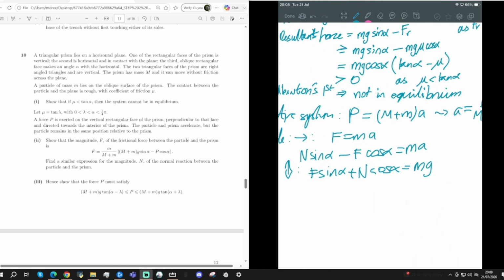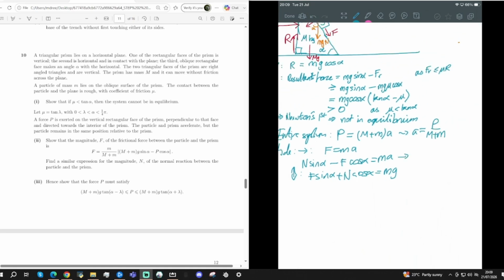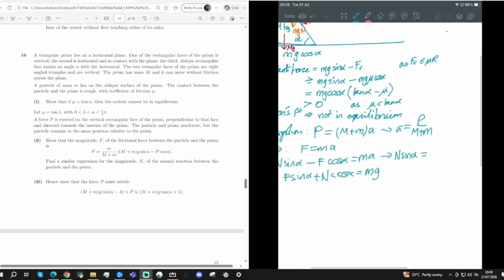You may recognize this as a very common style of simultaneous equation, normally between an R and an angle. We can rearrange both: the first one, n sine alpha equals f cos alpha plus ma, and the second one, n cos alpha, is mg minus f sine alpha.